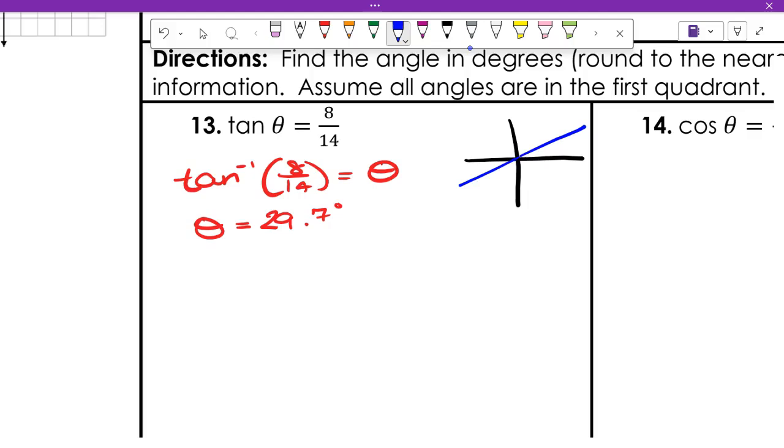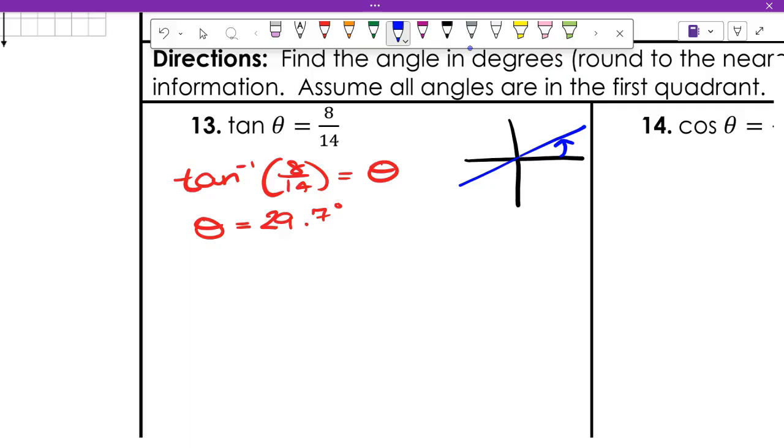That's only if I'm given something where it's tangent inverse. Notice that's exactly what I did here: I did tangent inverse of that, and it gets me a number, 29.7 degrees. It's a positive acute angle measure. That is my reference angle, and that is where I have my angle for quadrant 1.